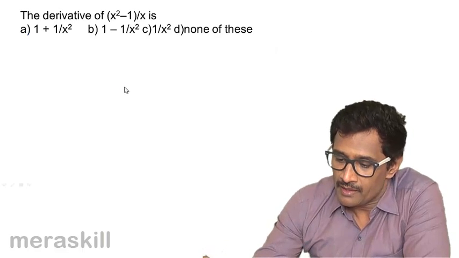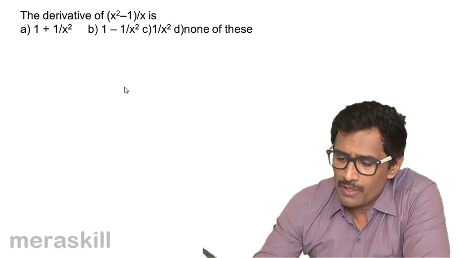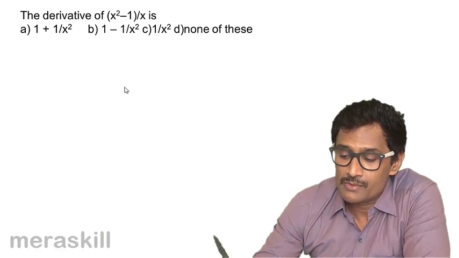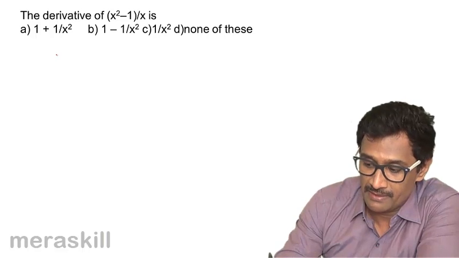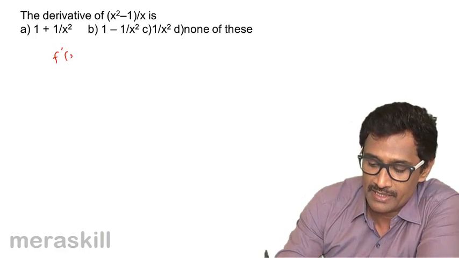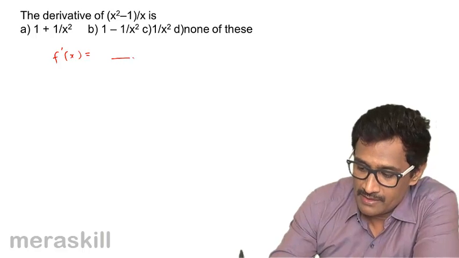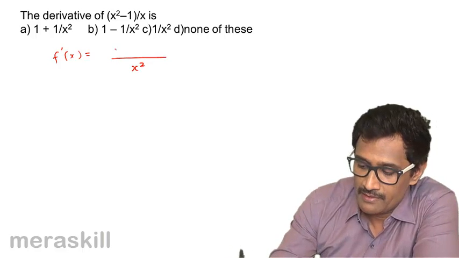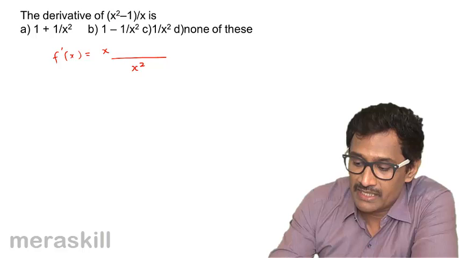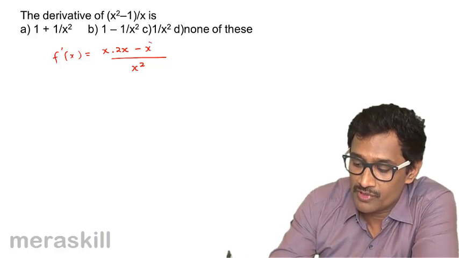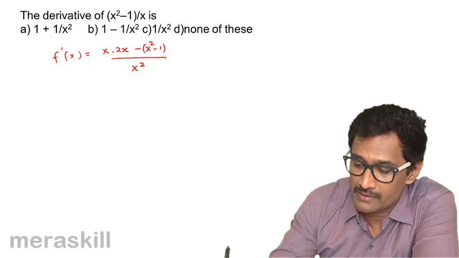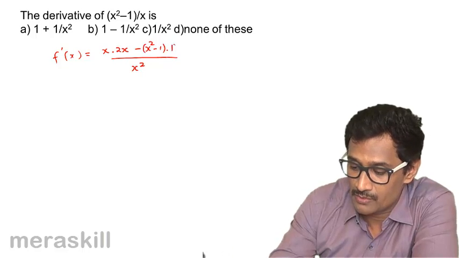Okay. This is comparatively simple one. The derivative of x square minus 1 upon x is so and so. So derivative of course is dy by dx, or f dash x we can say, is denominator the whole square, denominator into d by dx of x square, that is 2x, minus numerator into d by dx of the denominator, which is in any case 1.